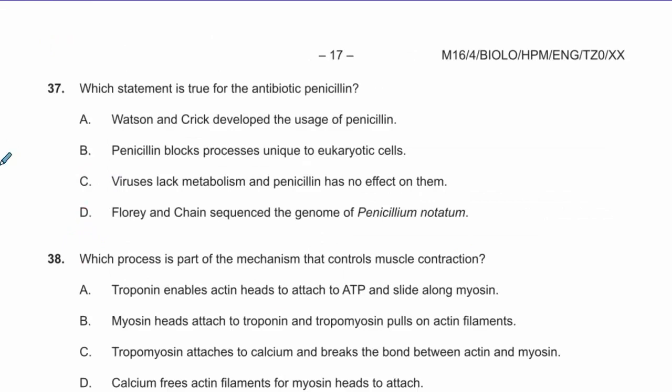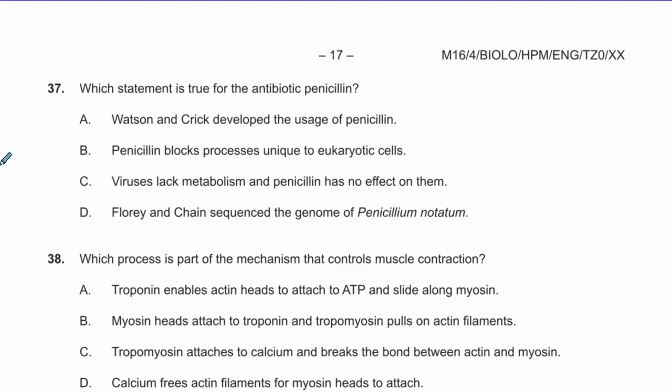37. Which statement is true for the antibiotic penicillin? It says, Watson and Crick developed the usage of penicillin. Well, they actually discerned the structure of DNA. So A is wrong. B, penicillin blocks processes unique to eukaryotic cells. No, penicillin is an antibiotic, meaning it affects bacteria, it disrupts bacterial metabolism, so that's wrong.